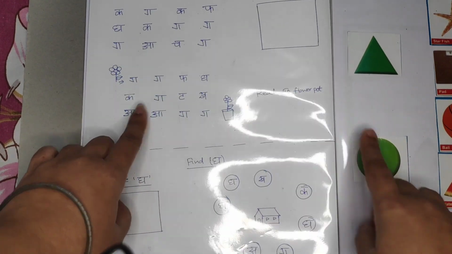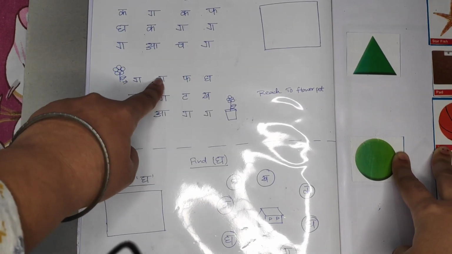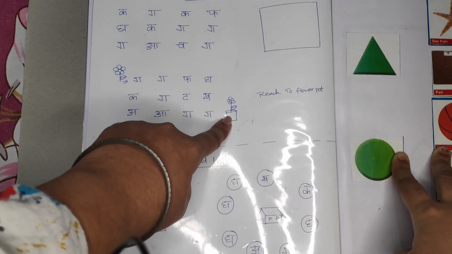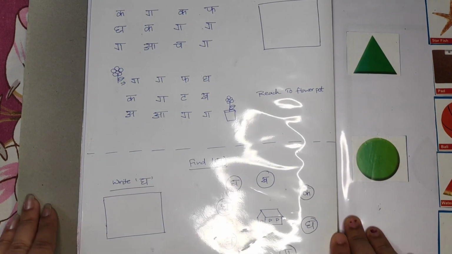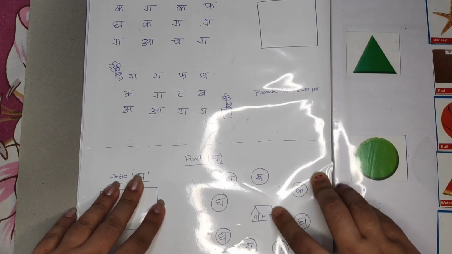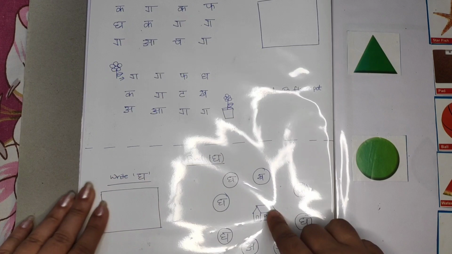Now here if you see, we have to reach the flower pot. From this flower, I have created a kind of maze over here, and this kind of activity you can also prepare for your kids. Similarly here, one ghar I have made, and you have to join all the ghar out of there.